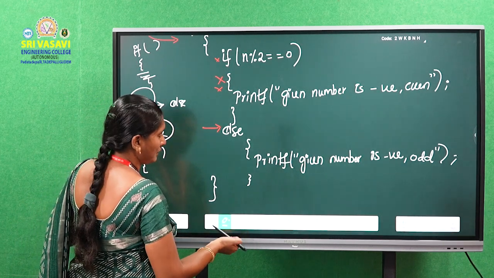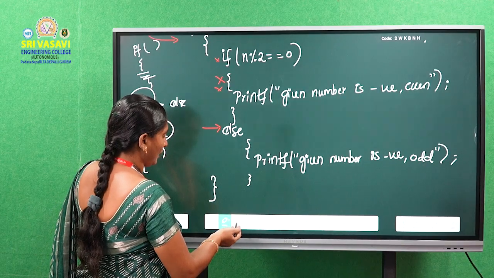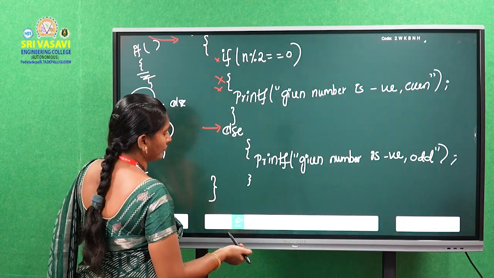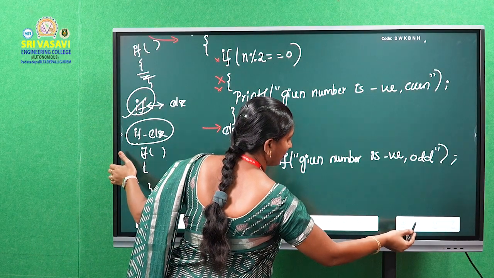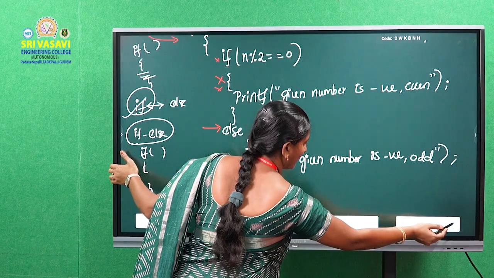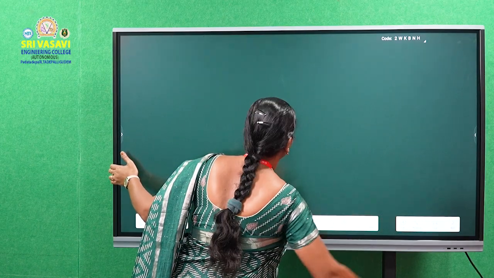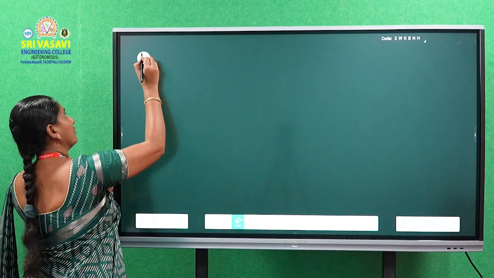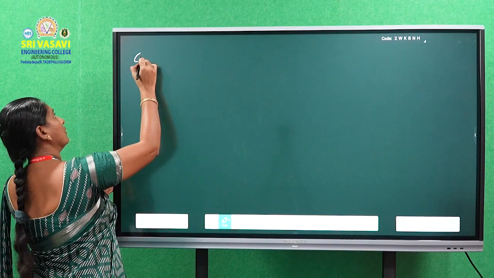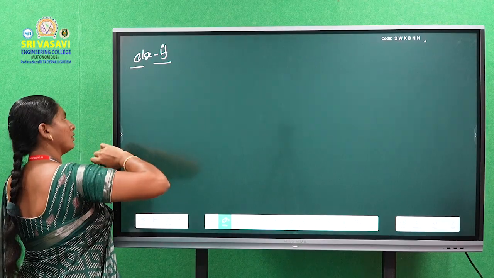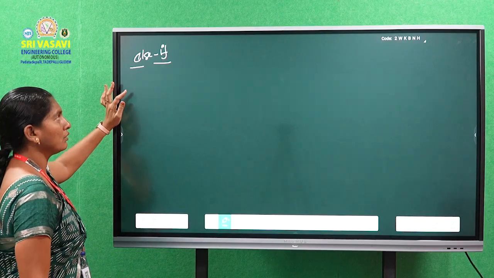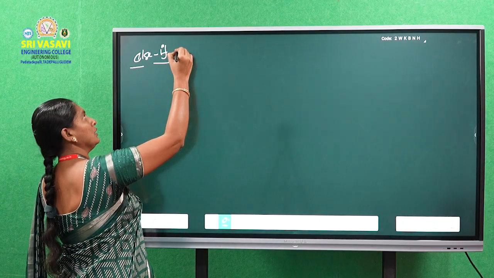Now next we will see the else if ladder or if else if. This is also part of the nested if concept only.